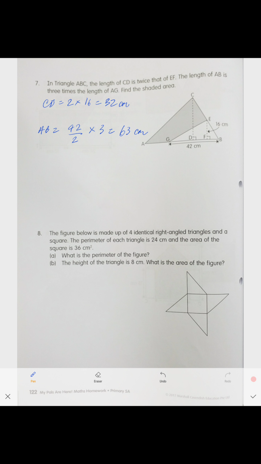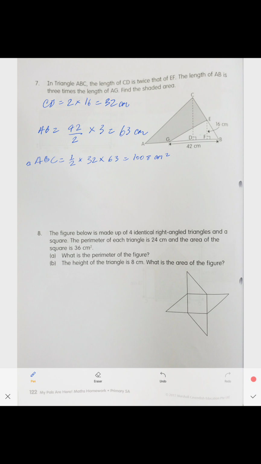We know our AB, we know our CD, so we can find the total area of the triangle, right? Triangle ABC total area is 1/2 times 32 times 63, equal to 1008 square centimeters.